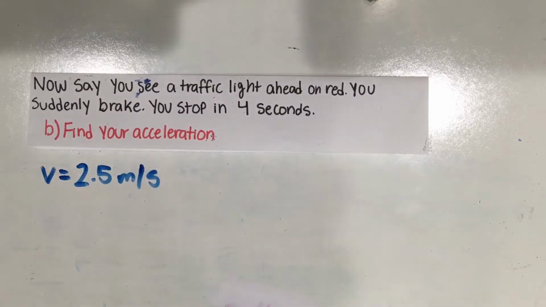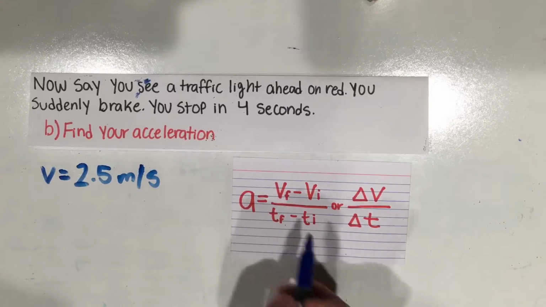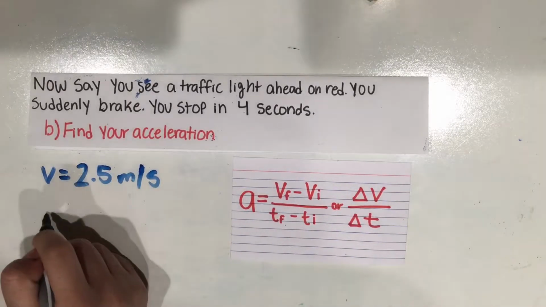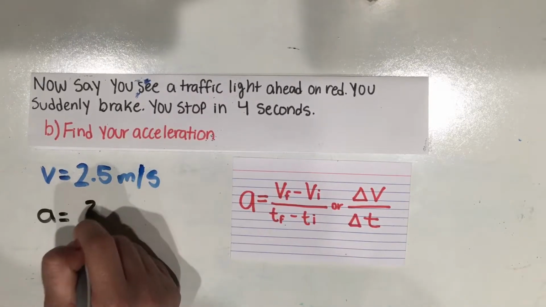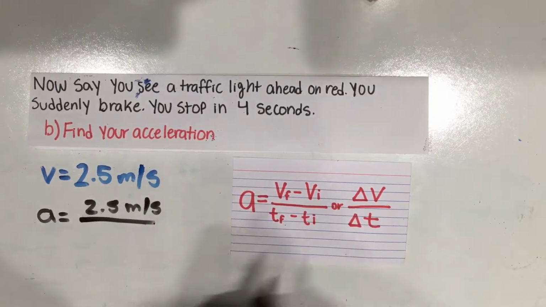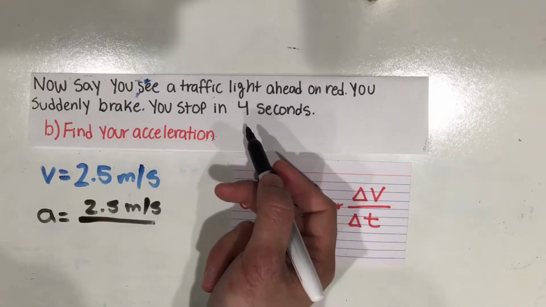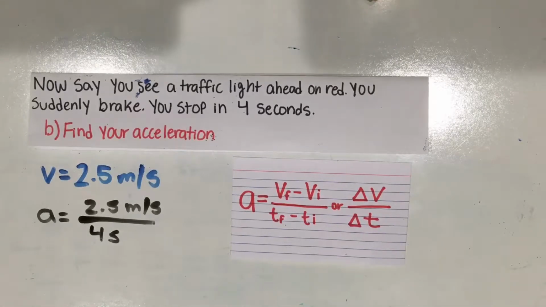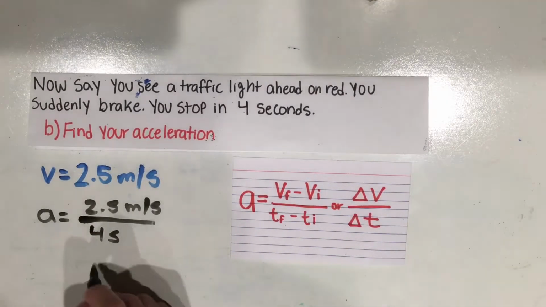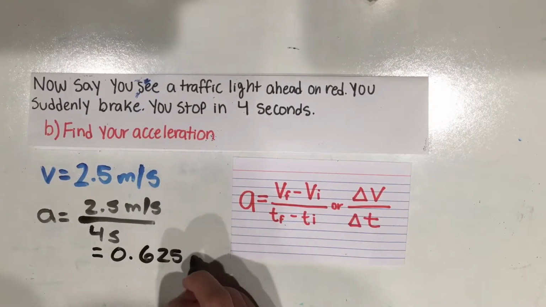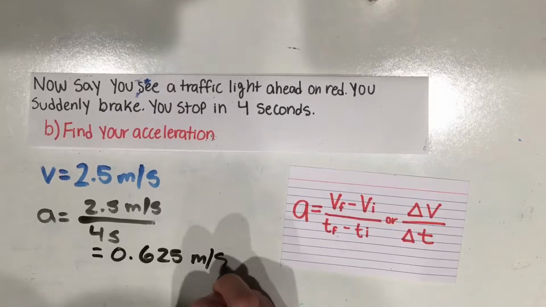Let's bring back the acceleration equation, which is a equals change in v over change in t. In order to find acceleration, we must do 2.5 meters per second over change in time. It's already in seconds, so we just put it on the bottom. Now we calculate it: 2.5 over 4 seconds is 0.625 meters per second squared.